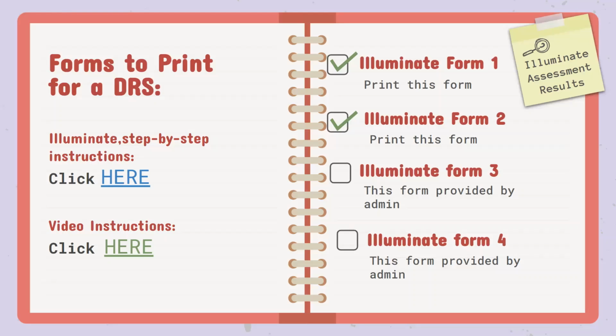For detailed step-by-step instructions on how to print Forms 1 and 2, please refer to the links on this slide. You have either a written instructional form here or video instructions here. These will both walk you through the process of printing Form 1 and Form 2.